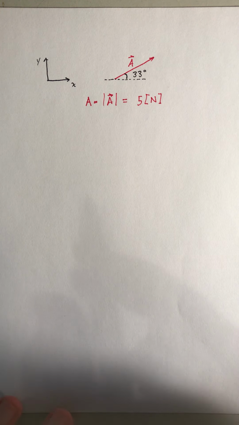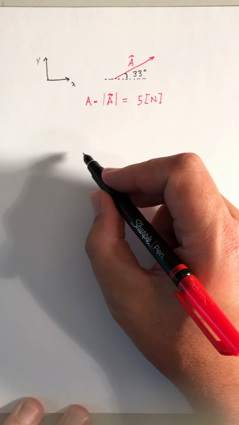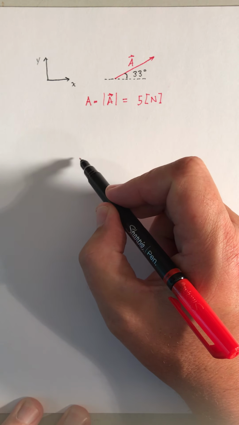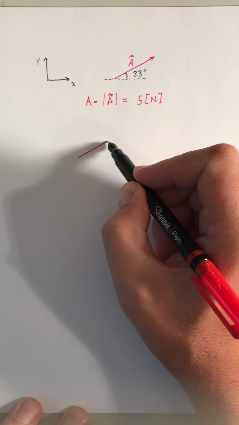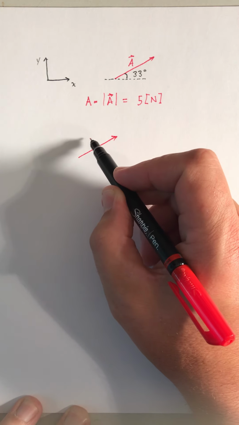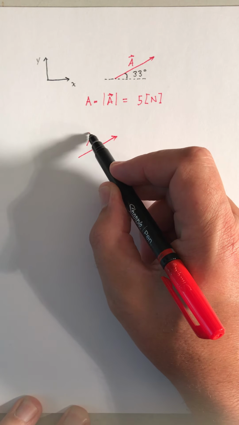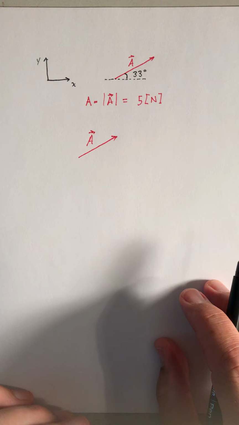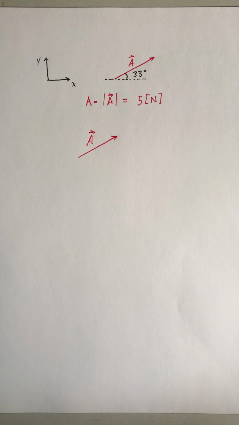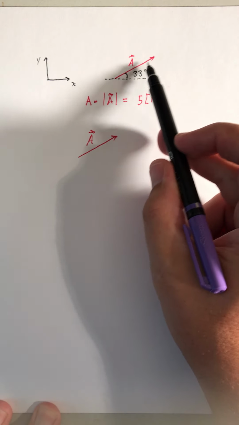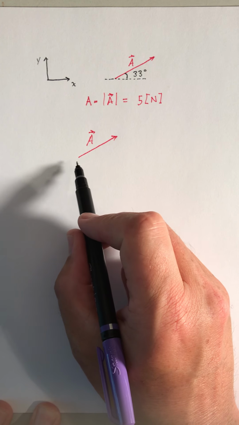So pictorially, what we're doing is we're saying that there's some vector A, and as long as I don't change its length or the direction that it points, then it's still the same vector. So it doesn't matter that I had it up there or now I have it here.